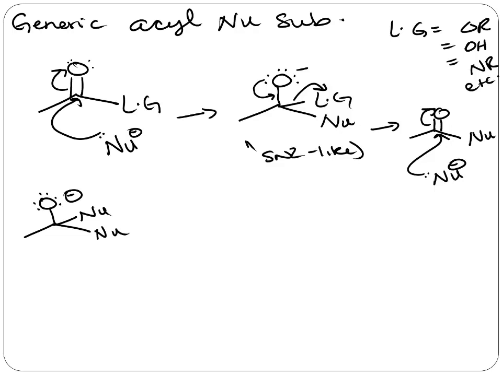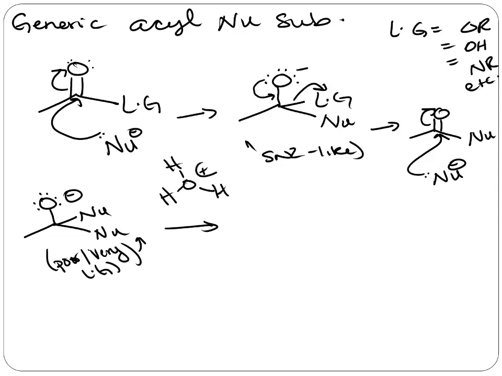So we're going to say that it's a poor or very bad leaving group that you've just added. As long as it's very bad and hard to come off, my next step is protonation. So it should be pointed at the hydrogen, and you get your alcohol.